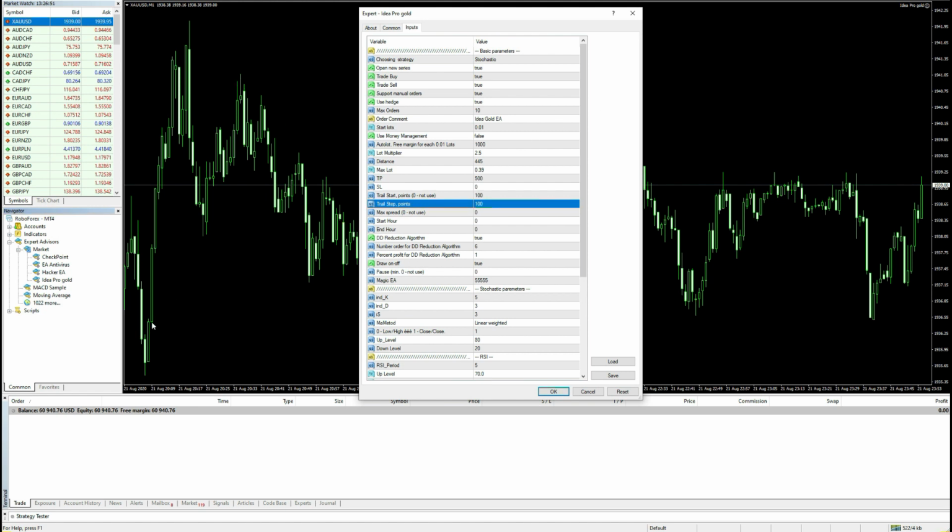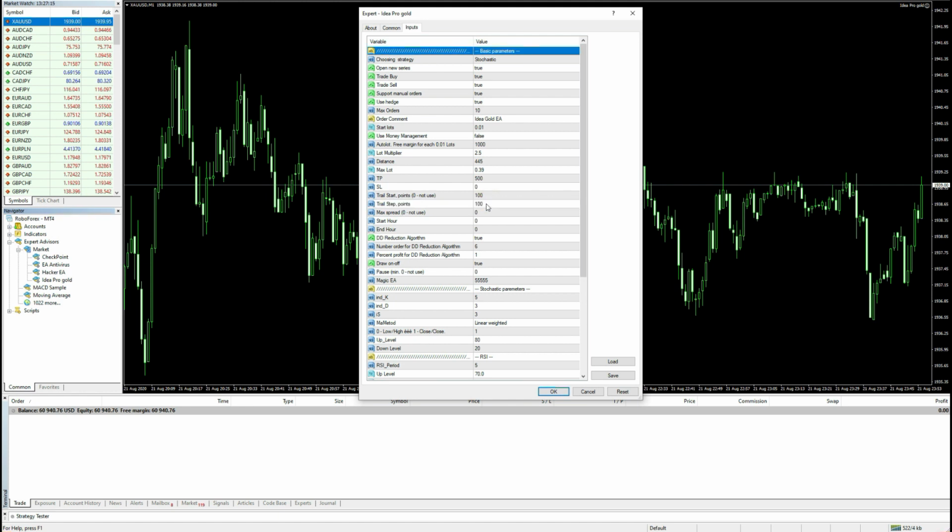Let's say it has hit profit here and it just shot up. Instead of walking away with just $1, you might actually hit $5 somewhere here. So set your TP higher, set your trail start, and then have your trail step points at maybe 50 cents.